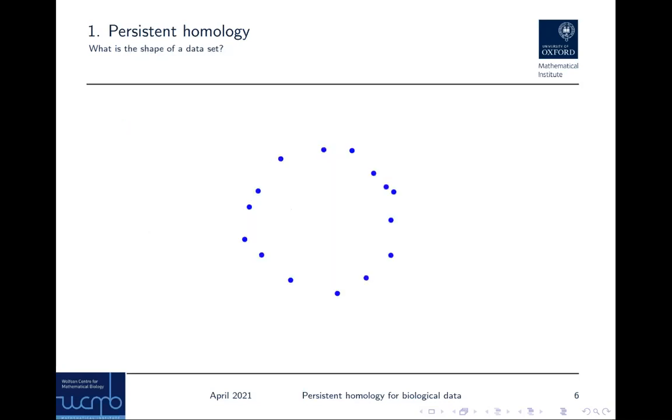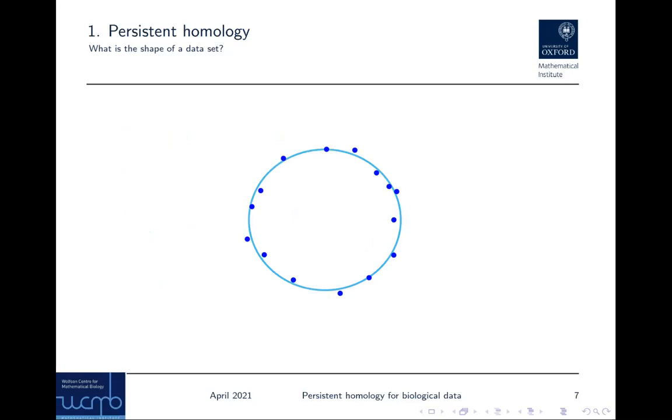So what is the shape of data? Well, if I were to give you these 15 data points and ask you what their shape is, your initial response will probably be, well, they're points, they don't have a shape. But then you might start squinting your eyes and tell me, oh, they're arranged in a loop. And this is exactly what you can see using persistent homology in this data set.